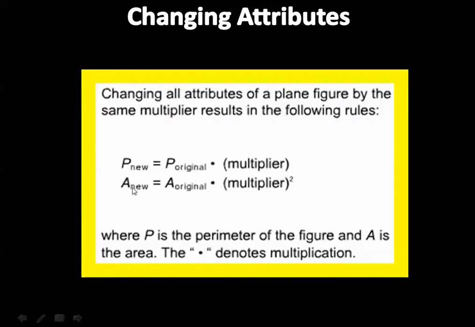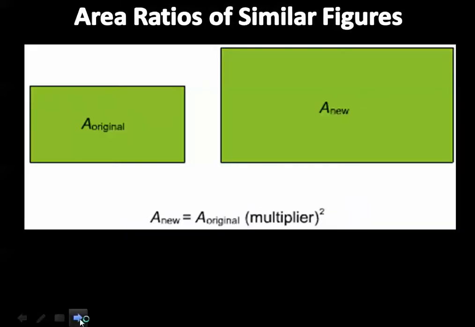And that's what you're seeing right here. Your new perimeter is going to equal your original perimeter times the multiplier. Your new area is going to equal your original area times the multiplier squared. This is what we learned in previous lessons regarding changing the attributes to calculate the new area.